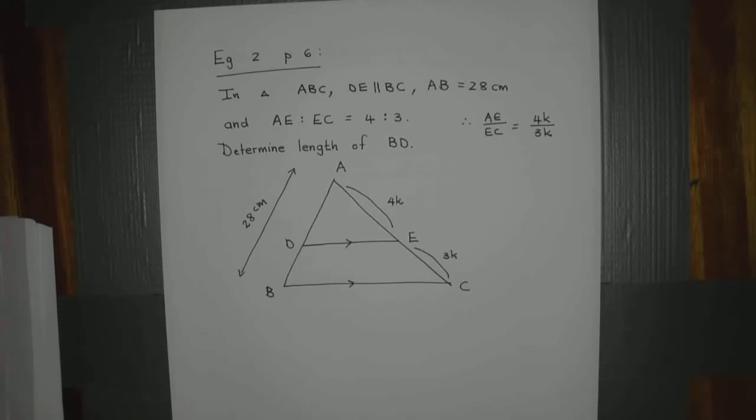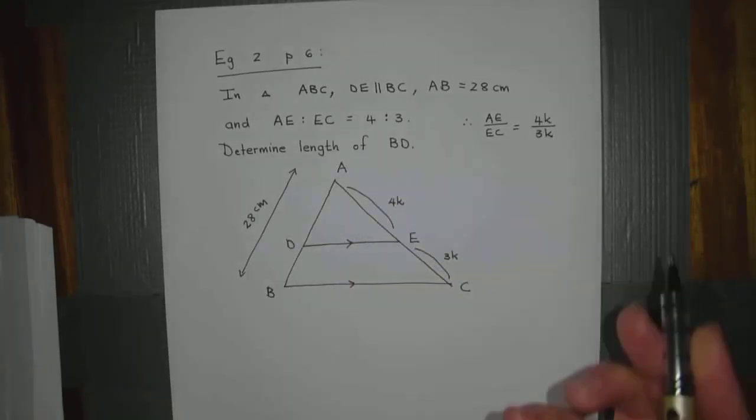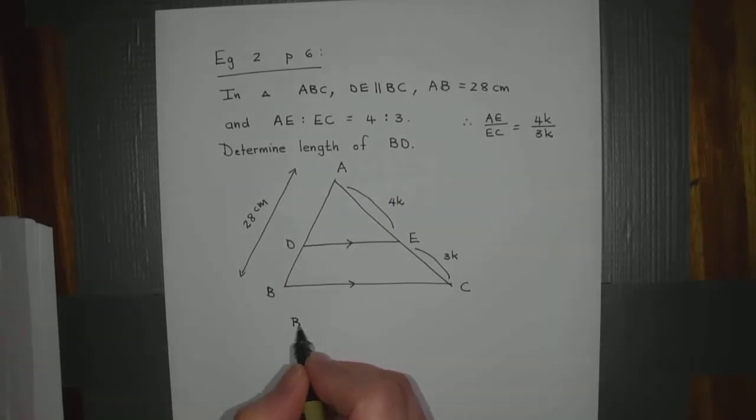Because I want to calculate BD, I'm going to say BD over. And now you get to choose whatever you want. That's literally what you get to choose. So I'm not going to go BD over DA because I don't know what DA is. Do you guys agree with that? So I'm rather going to go and say BD over AB because I know what AB is.